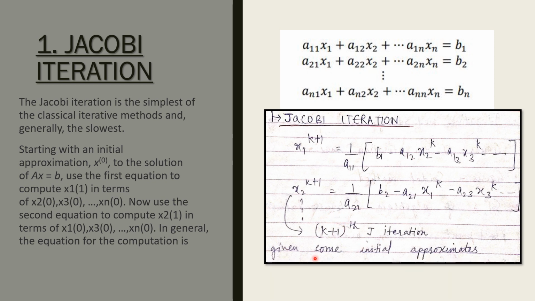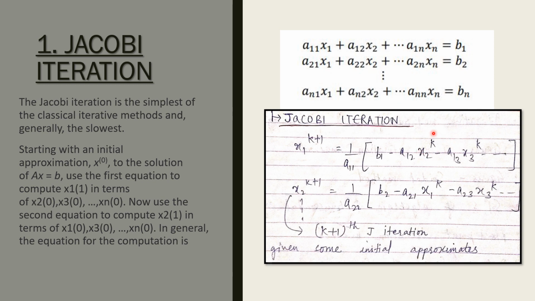So for the k plus 1th iteration, we get x1 to the power k plus 1 simultaneously, given some initial approximation. For x1 to the power k plus 1, we will have 1 by a11, then b1 minus this value into x2 to the power k.